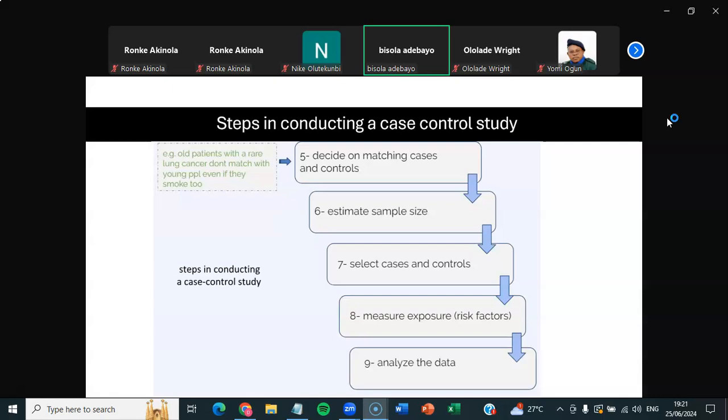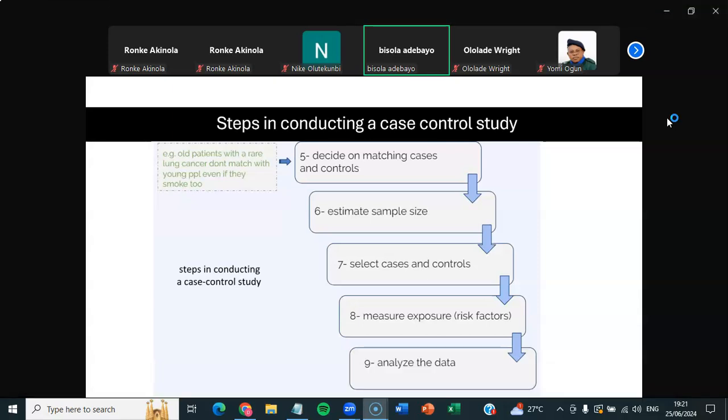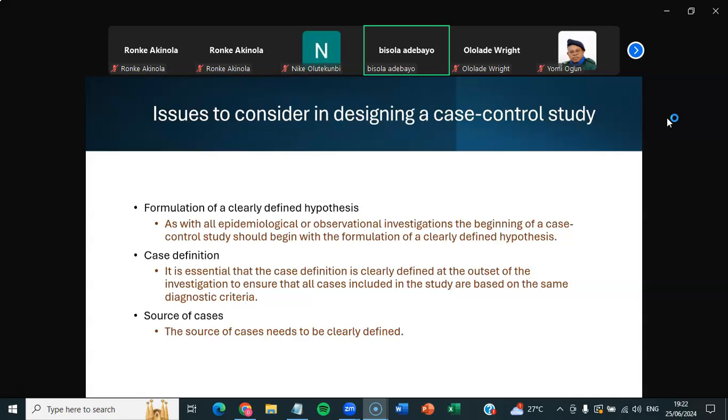So for each age group, you have to select somebody of similar gender, similar age, if you use 5 or 10 year brackets. So like that, for every case, you have to select the appropriate controls. Then we estimate our sample size. We'll briefly see it here, which we can have in the slide. And then we select our cases and controls, measure exposure, and analyze our data.